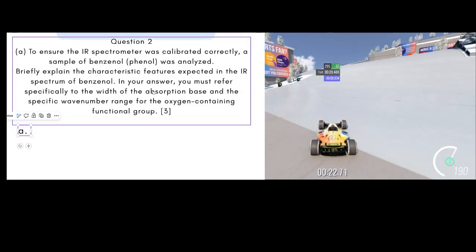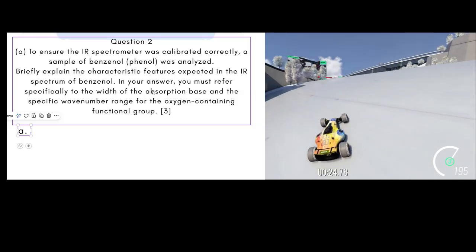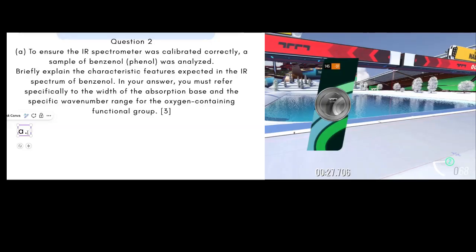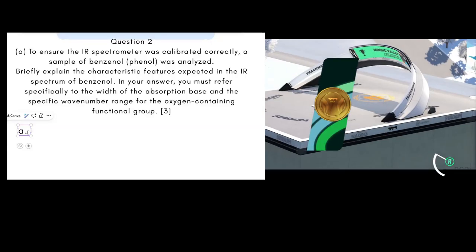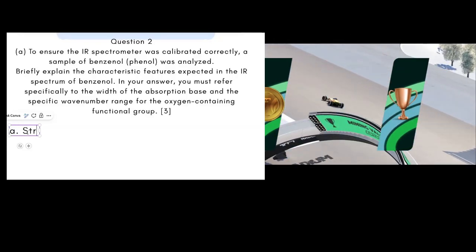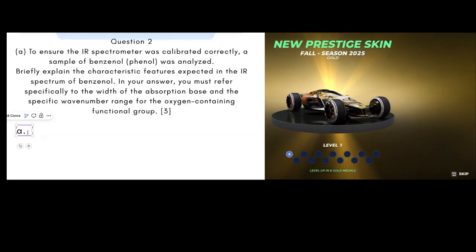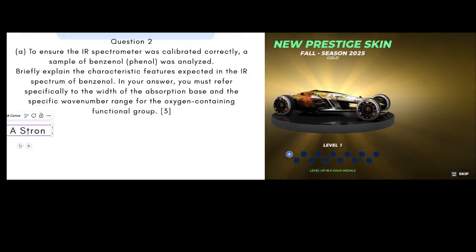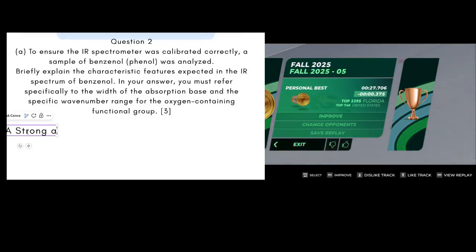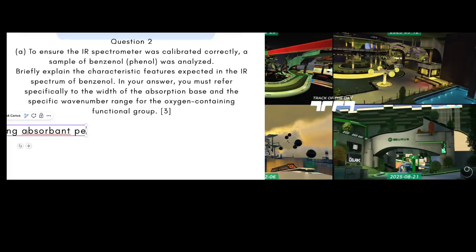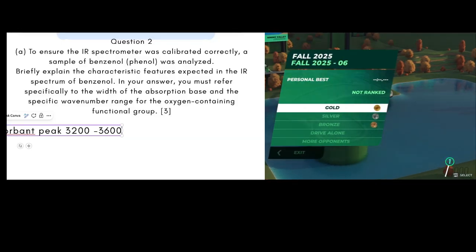Since it's an alcohol, we know automatically that it is going to have a strong absorbent peak. So we're going to expect to see a strong absorbent peak, and that band is going to be between the 3200 and 3600 centimeter range.